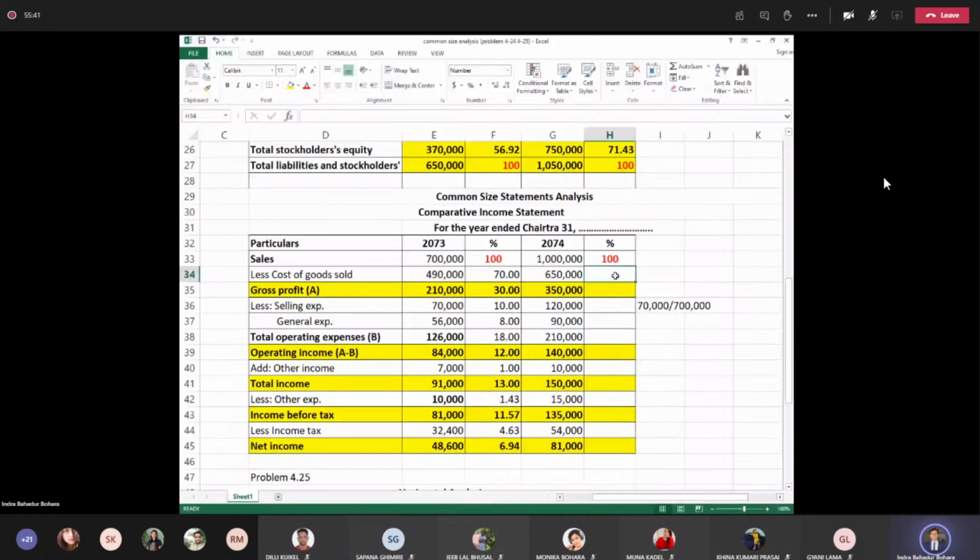Similarly, you calculate the percentage of each and every component of the income statement for the common size statement analysis for 2074.